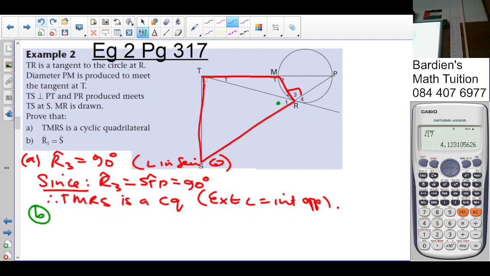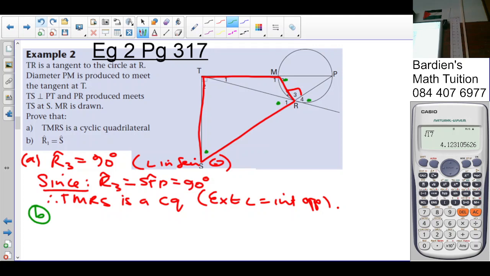So which angle is equal to R1? R4. Why? Vertically opposite. R4 is equal to what? M2. Why? Tan chord theorem. M2 is equal to what? S. Why? Exterior angle of cyclic quad. Remember, TMRS is now a cyclic quad.